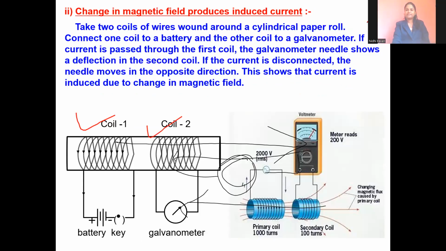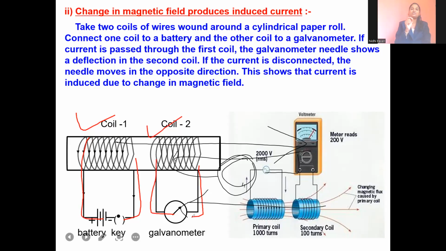One coil is connected to a battery and the other coil is connected to a galvanometer. A galvanometer is a device which shows a very small amount of current, in terms of microvolts or millivolts.